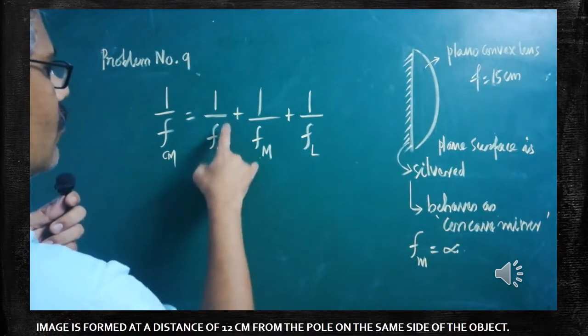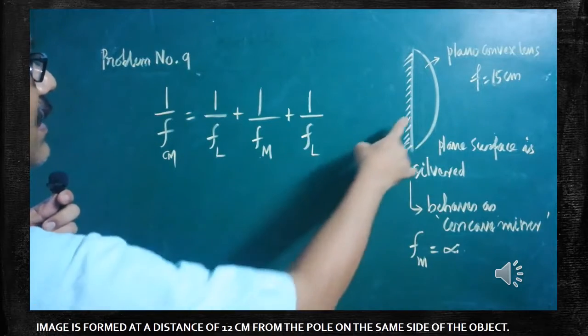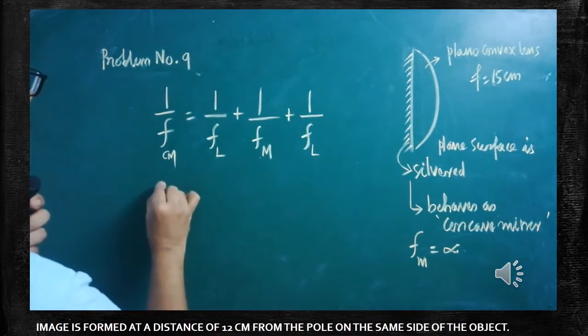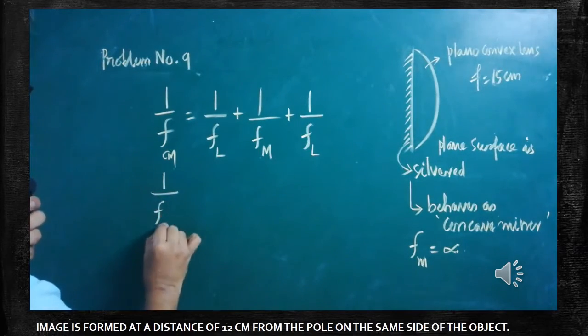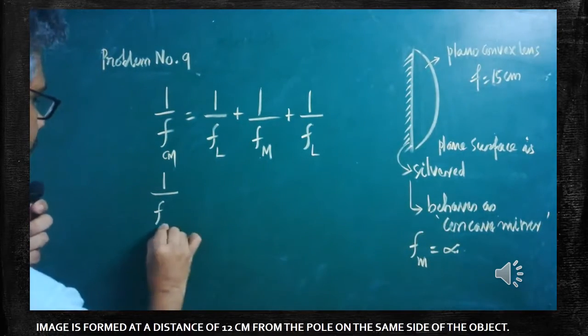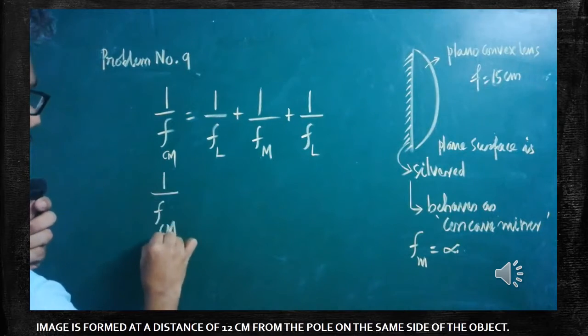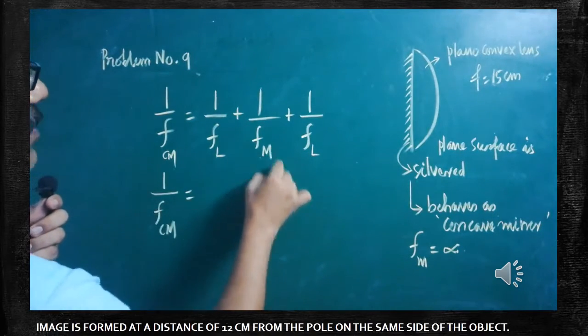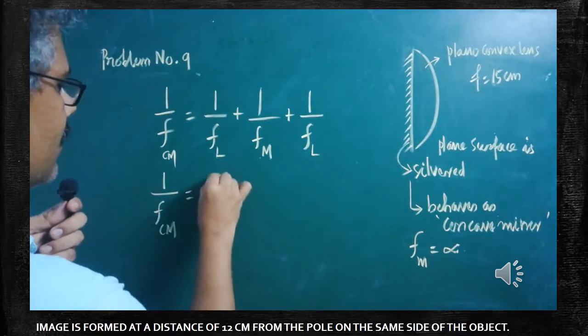Here the focal length of the plane mirror is infinity. Two times light gets refracted through the lens. One time light gets reflected from the mirror. 1 by fcm. Why 1 by fcm? It behaves as a concave mirror, therefore 1 by fcm is written.